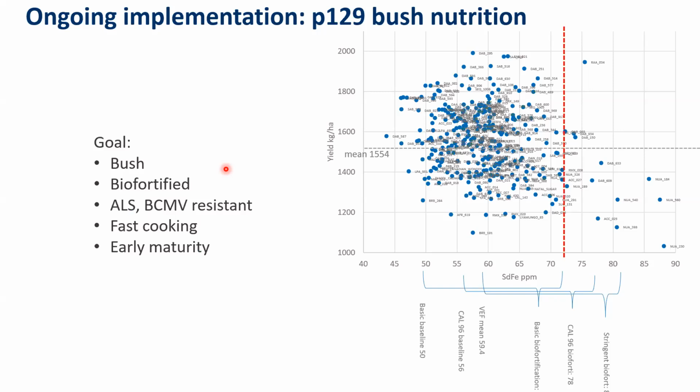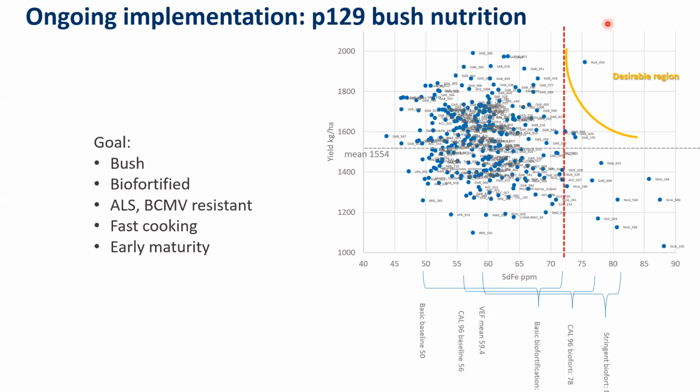It is a bush population, but we expect to have biofortified individuals in it. In bean, this is hard because, as you can see in this graphic, there is a negative correlation between yield and iron concentration.